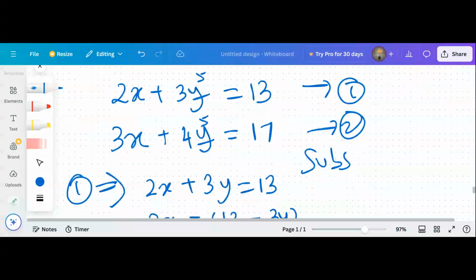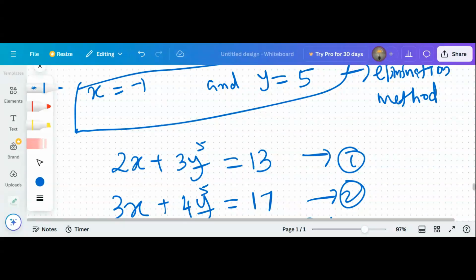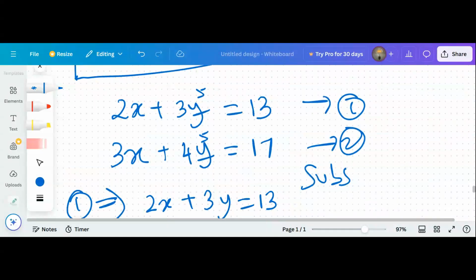At that time this substitution method would help you. So for this question, go with the first method. Whenever you find difficulties in the elimination method, you can go for the substitution method. Sometimes it is easier in some questions.